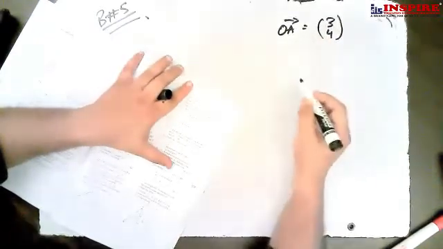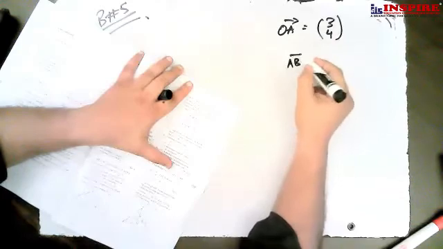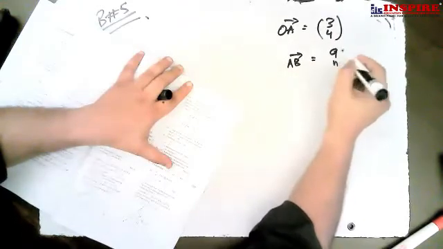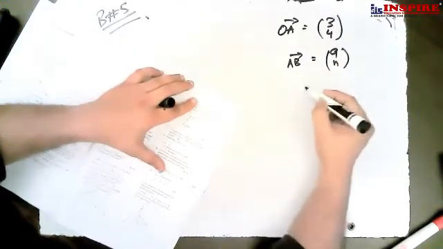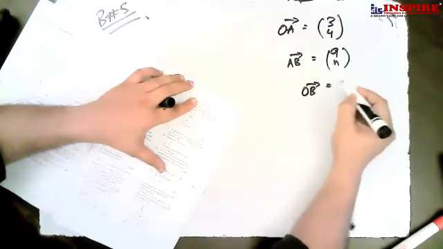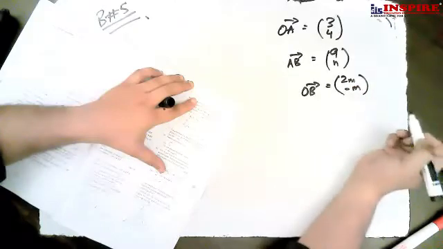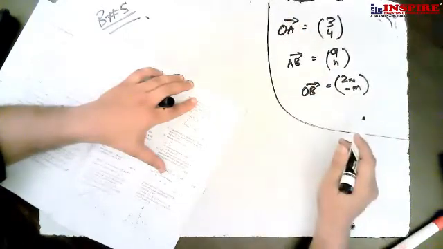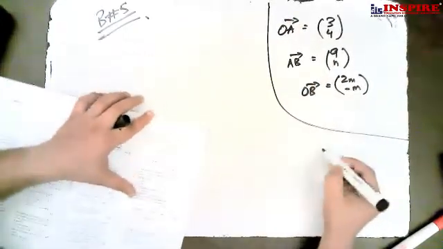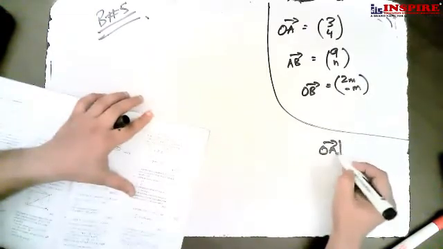AB is given as 9 and naught. And OB is given as 2m and minus m. Okay. This is my data. Find the magnitude of OA.